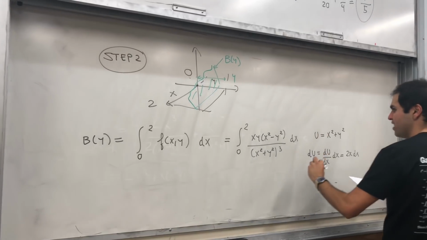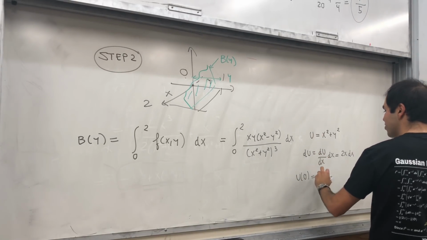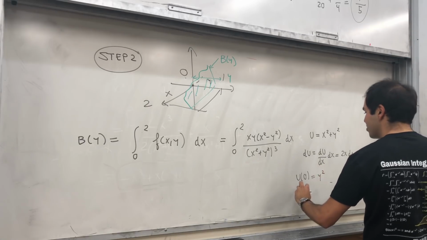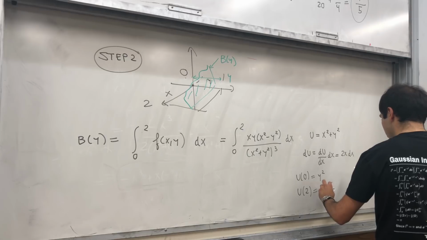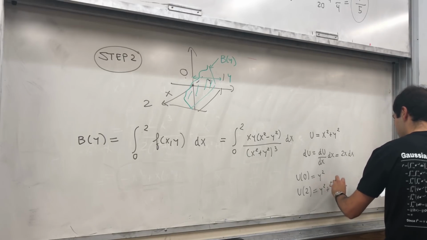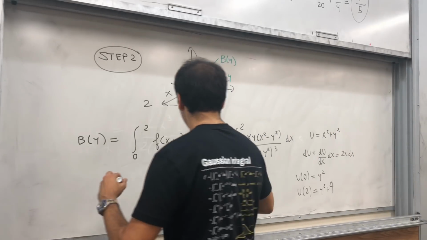And then u of 0, in this case x equals 0, becomes y squared. u of 2 equals y squared plus 4. Okay, so now we want x squared minus y squared.